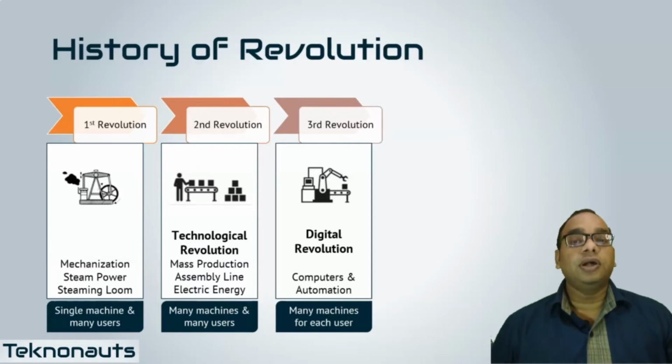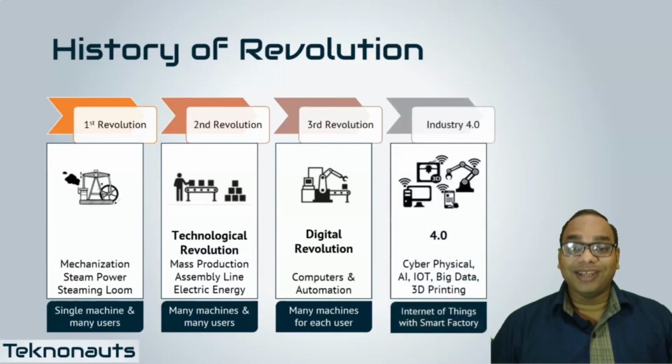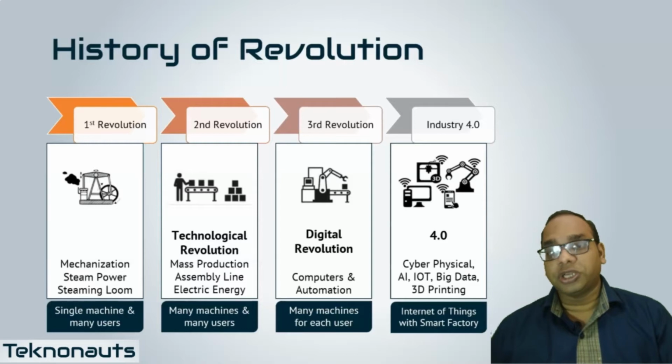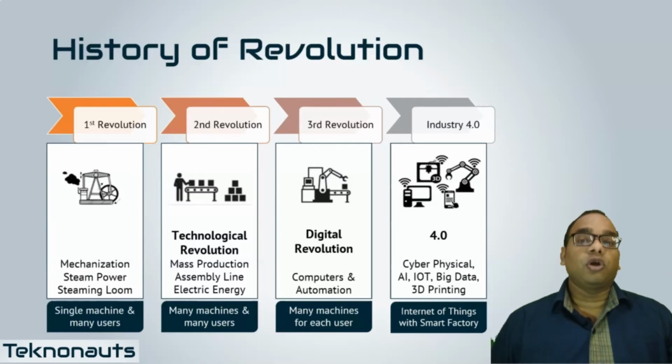The next is the Industrial 4.0 revolution, in which cyber-physical systems, IoT, analytics, big data and 3D printing have taken off very beautifully. The tagline for this is the internet of things with smart factory. In a nutshell, the factories have become smarter, and the different components and machineries got Wi-Fi now.